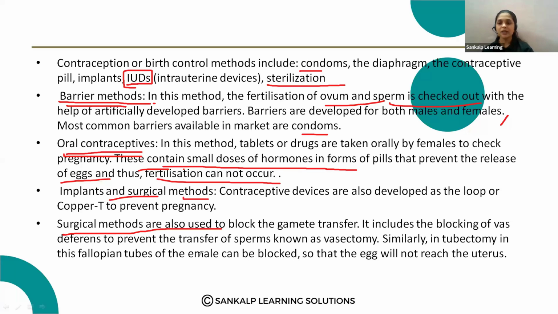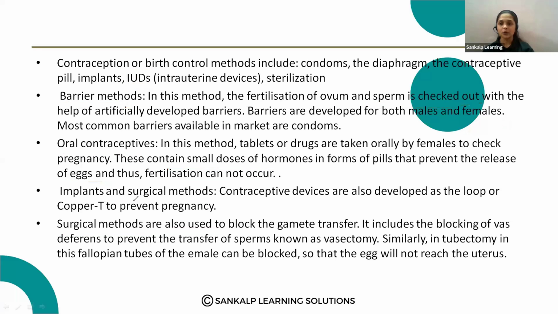So that is the surgical method. All four types of contraceptive methods you have to explain. First is the barrier method like condoms, then oral contraceptive means oral pills, and copper T, and surgical methods like the vas deferens or fallopian tube being blocked, which prevent the fusion of the male and female gametes.